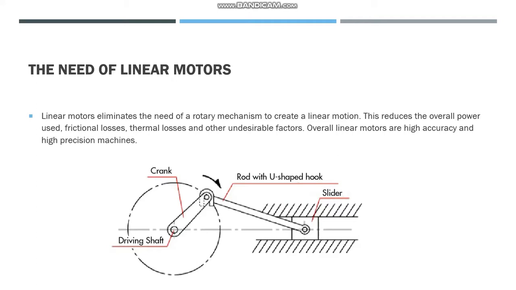With the help of linear motors, we can eliminate the rotary part of this system and create linear motion on its own. And overall, linear motors are high in accuracy and precision.